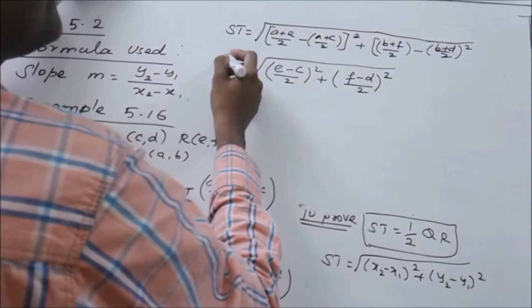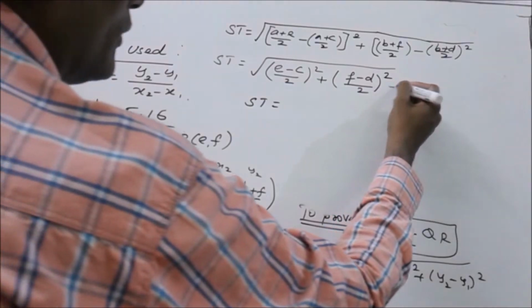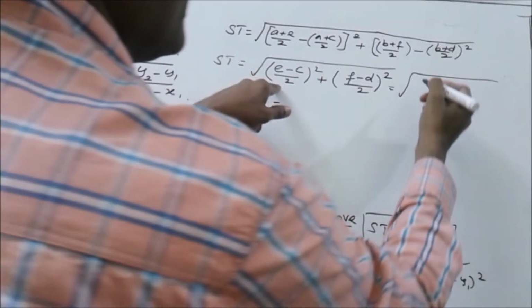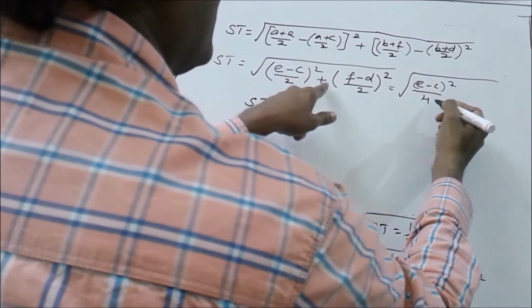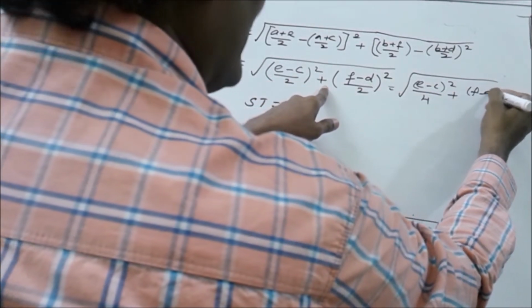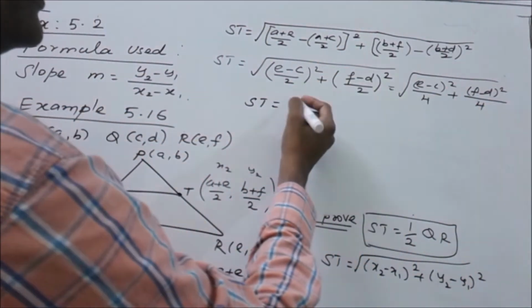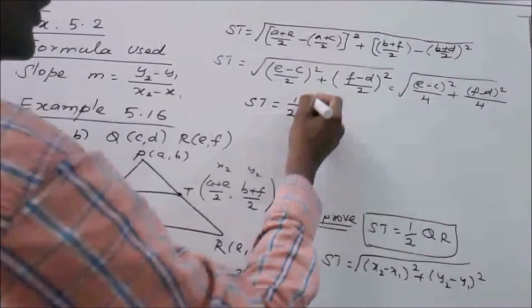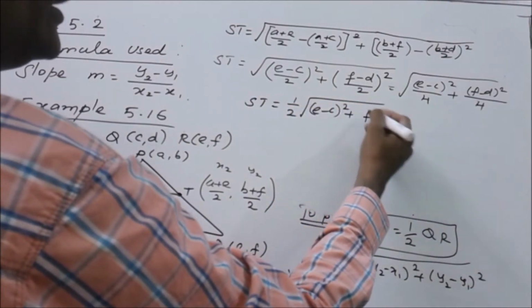This is the length of ST. Now which is equal to root of (e minus c) whole square divided by 4 plus (f minus d) whole square divided by 4. Now taking 4 out, 1 by 2 into root of (e minus c) whole square plus (f minus d) whole square.